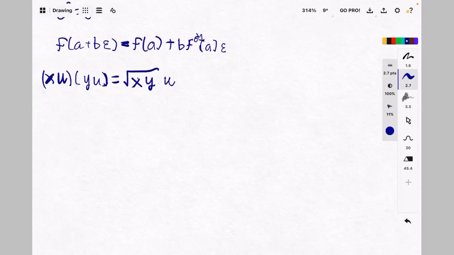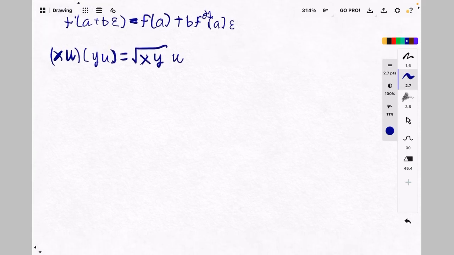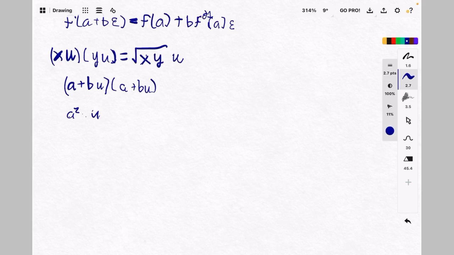And when you go through this process multiple times in a power sequence, you'll eventually find some sort of pattern emerging with the sums of numbers. Let me show you. So let's do a plus bu times a plus bu. So that's a squared, and then u plus u, if I can write, thank you.